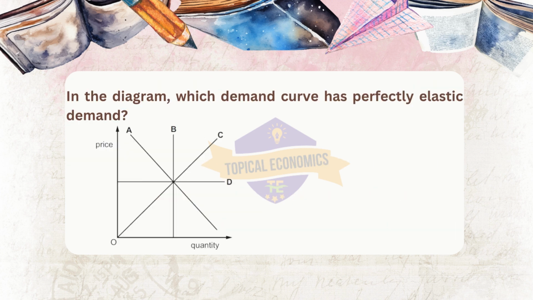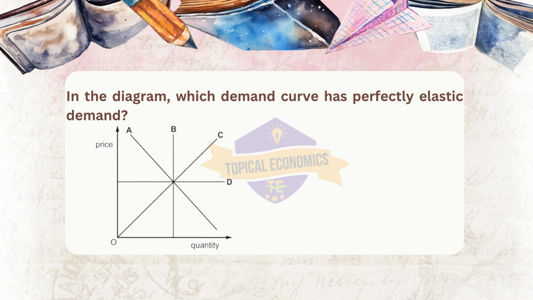Moving to third question. In the diagram, which demand curve has perfectly elastic demand? This question is from year 2022 May-June version 2 paper. In a diagram, a demand curve that represents perfectly elastic demand is a horizontal line. Perfectly elastic demand means that consumers will only purchase at a specific price, and any increase in price will result in quantity demanded dropping to zero.